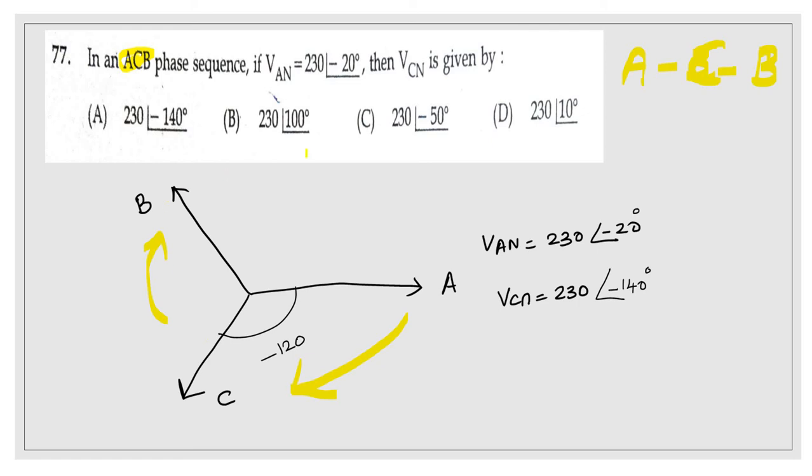So ACB is the phase sequence. VAN is given, so VAN is 230 angle minus 20. How to find out VCN? A and C, the angle difference is 120, but this is the clockwise direction, so the angle is minus 120. Already minus 20 is there, so you have to add this minus 20 with minus 120. So the answer is 230 angle minus 140. So option A is the correct answer.